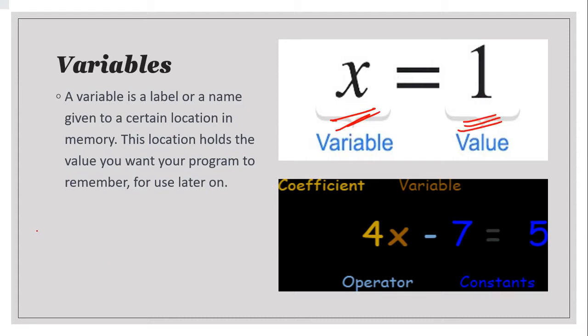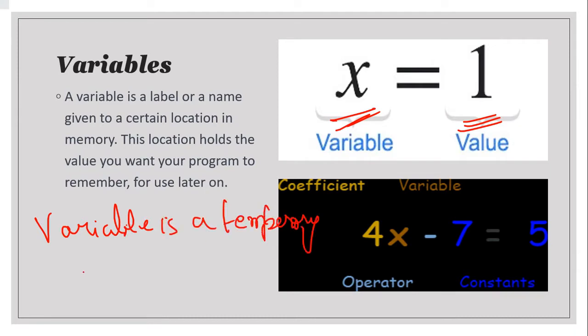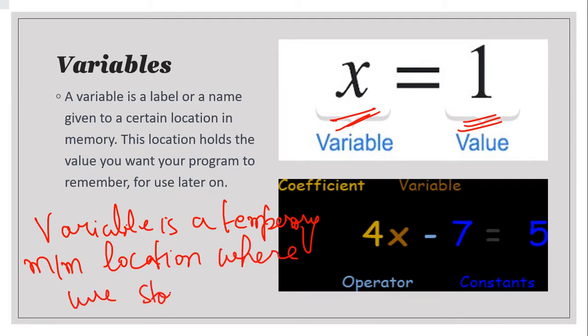If I have to say it in very simple terms, I'll say a variable is a temporary memory location where we store our value.